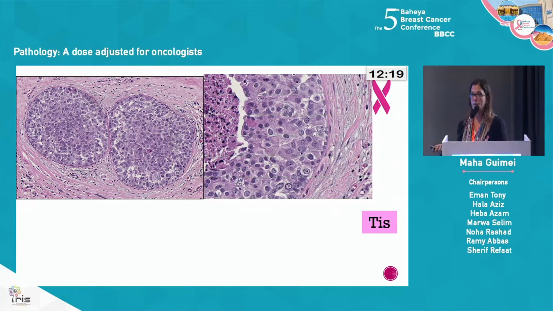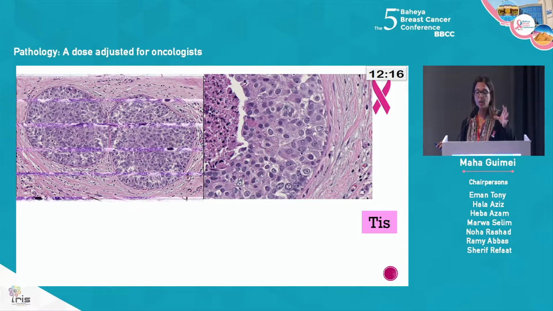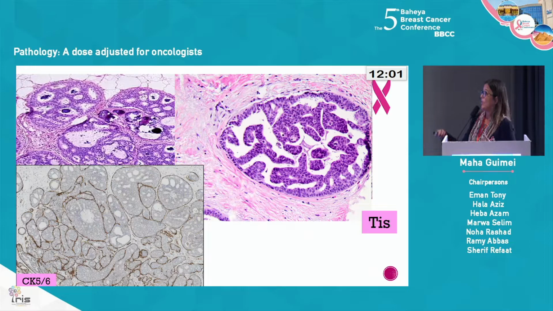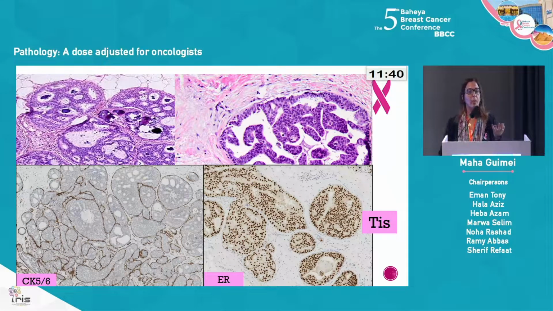زمان كنا بس بنحتاج نقول ال in situ ده شكله ايه، whether it's solid ولا في كوميدو ولا كريبريفورم ولا papillary او مايكرو papillary. دلوقتي لازم نديله جريد، لازم نقول هو low grade, intermediate grade or high grade، لازم ندي جريد للانسايتو. لو مش متاكدين whether these masses are actually in situ ولا هم tumor masses جوه في وسط الستروما بتاعه البريست، we do what we call myoepithelial markers بالimmunohistochemistry، واللي عاملينه هنا هو cytokeratin 5-6 to delineate المايوابيثيليال cells حوالين الducts. الحاجة الثانية that the WHO recommends إنه all DCIS tumors لازم نعمل لهم ER مش PR.